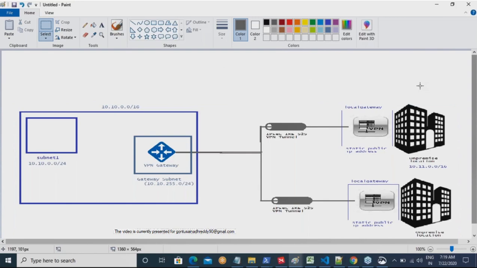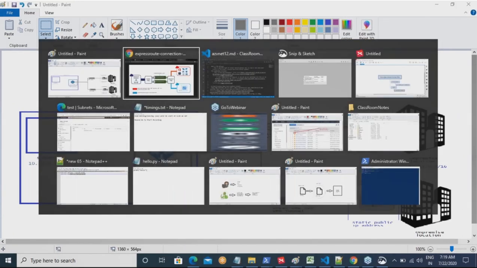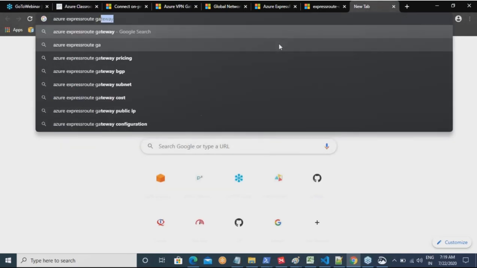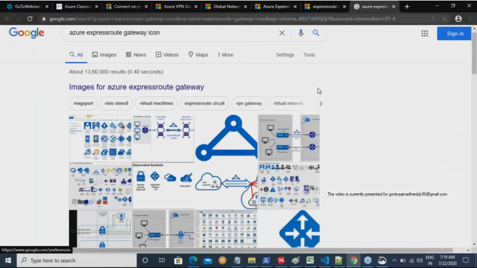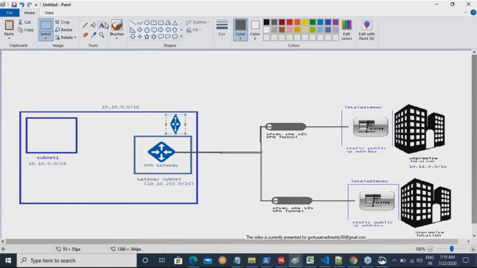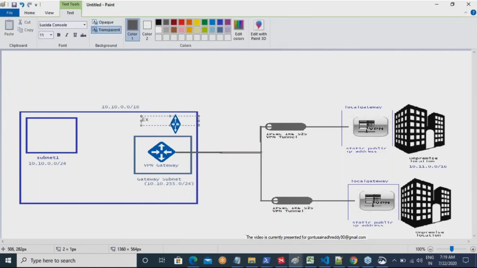In your organization, you would have a new virtual network gateway, and that virtual network gateway is called the Azure Express Route Gateway. I'll use the same image. So what is this gateway now? This is the Express Route Gateway.